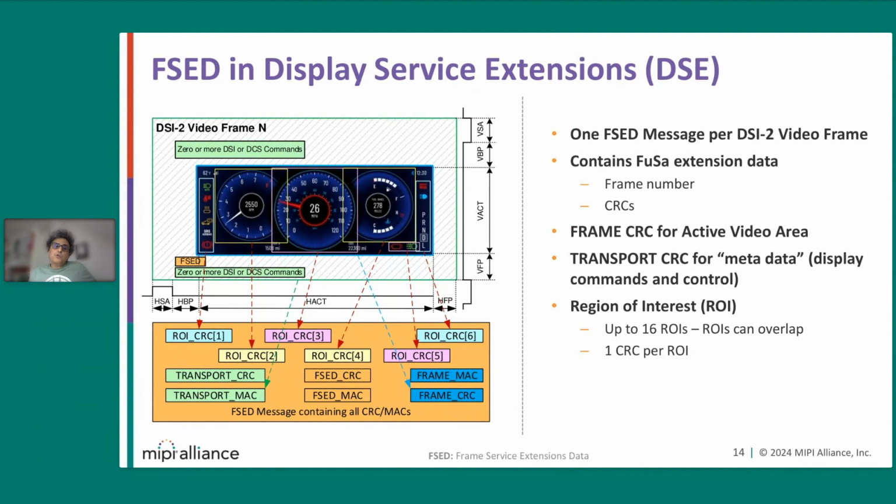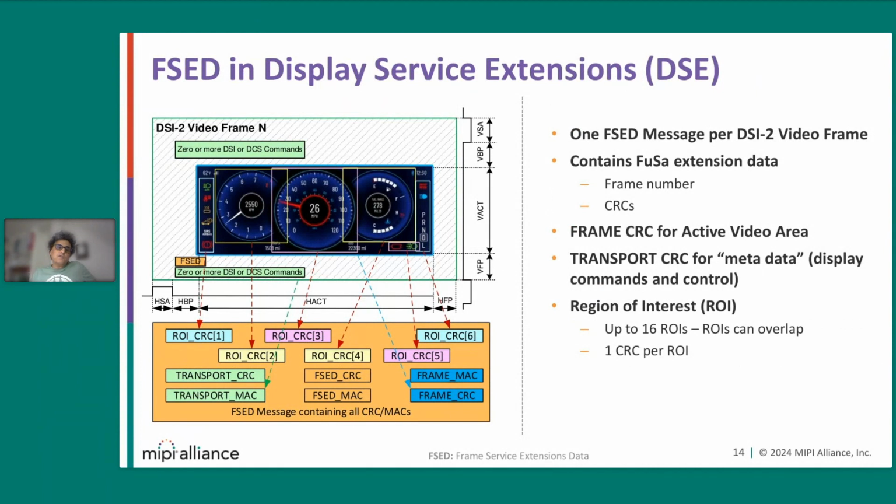The other protocol is FZ over DSE, like a frame service extension data. What we do is that we protect the full frame within one frame granularity, and then we can send one single FZ message, which is coming in the vertical front porch after the active frame data, that contains all the various CRC and message counters that we need for making the functional safety verification. And here we can have different CRCs for different regions of interest, like I have shown here.